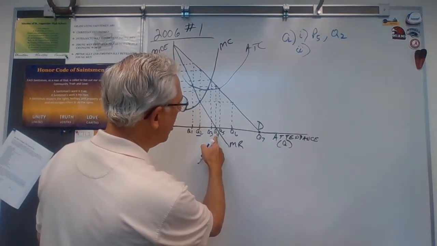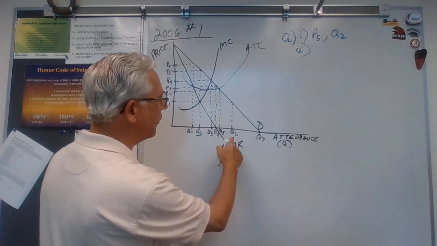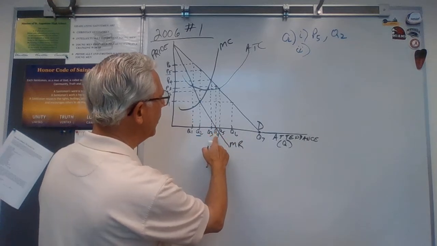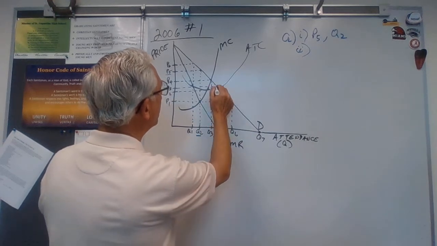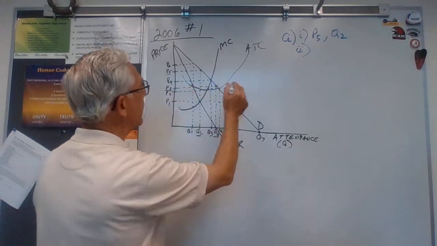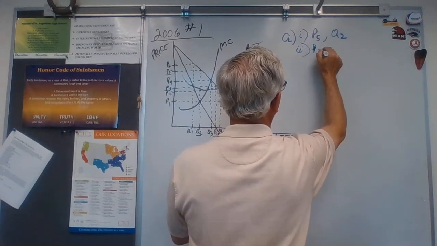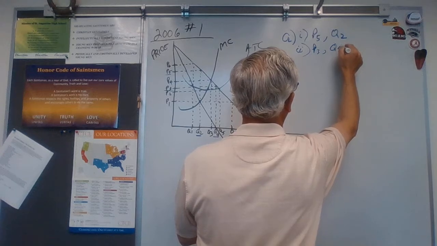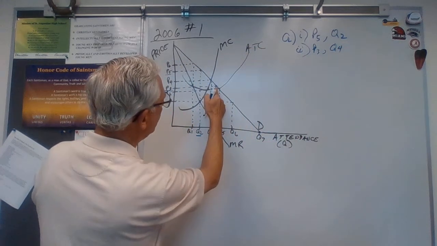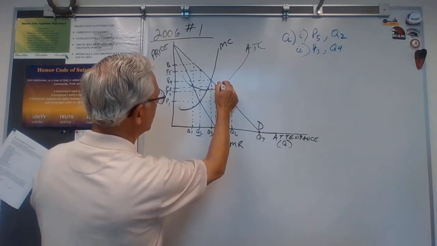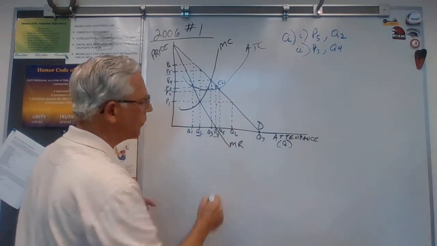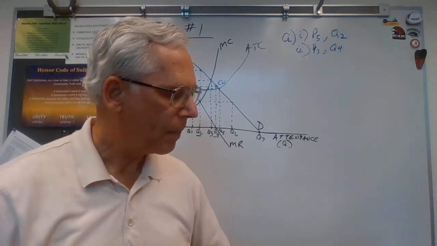Where marginal revenue crosses over the horizontal axis. So that's at Q4 and P3. P3, Q4. So remember that that's the point where E equals 1. And that's where they maximize total revenue.